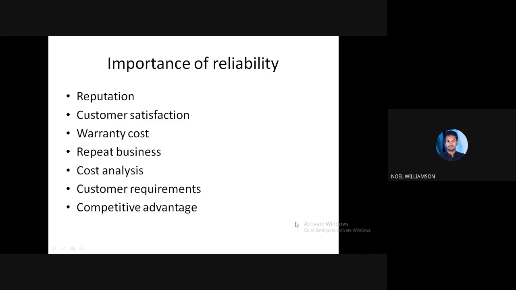In the case of competition, the product with more reliability will have the advantage of winning the competition, so that it can survive in the market. So that is a competitive advantage. These are the main importance of reliability. Now we'll move to the methods of how we can improve reliability so that we can achieve these things.